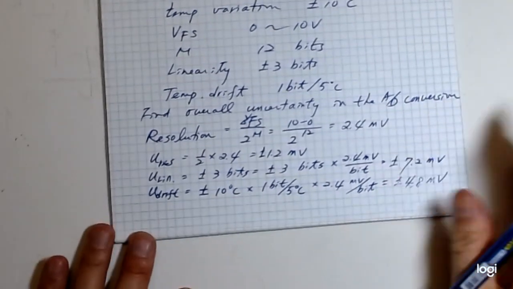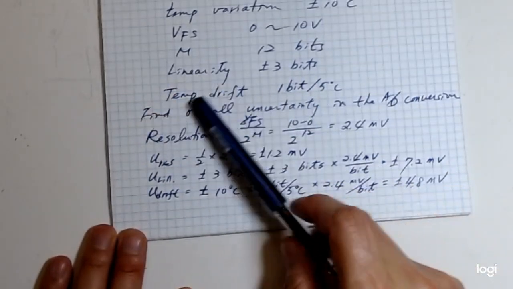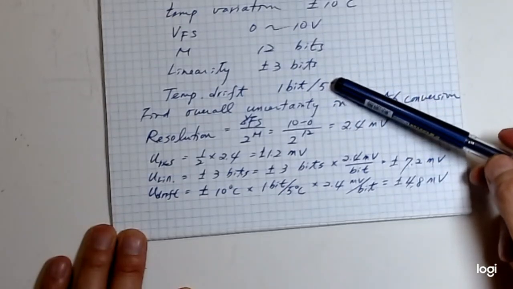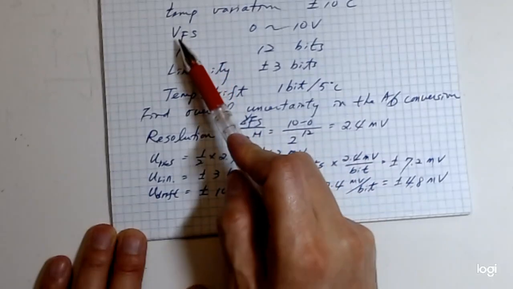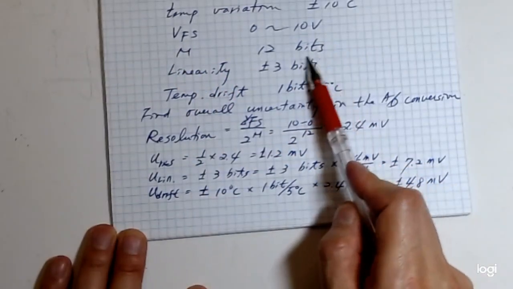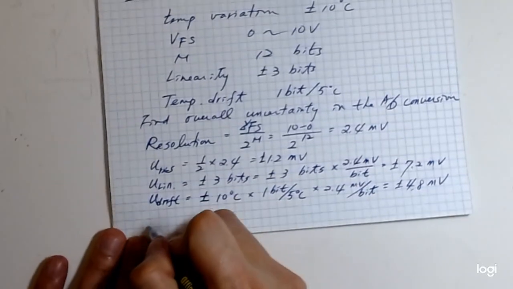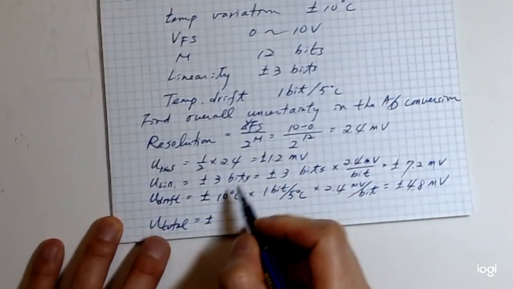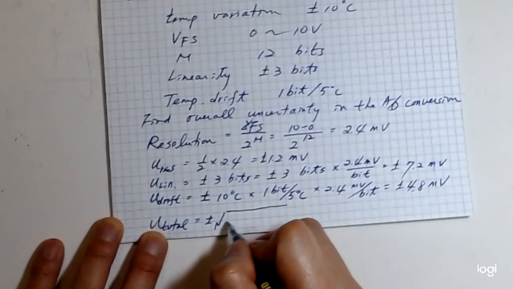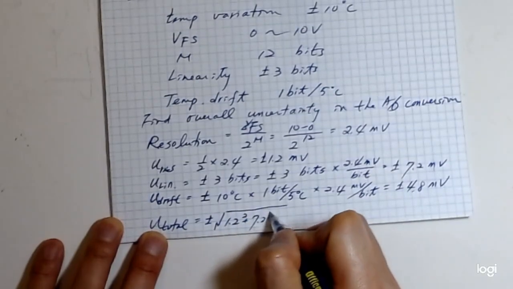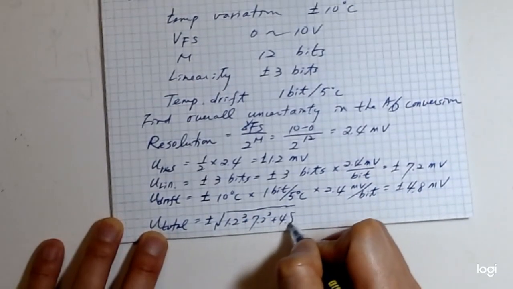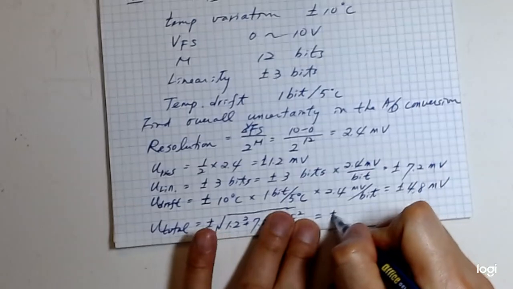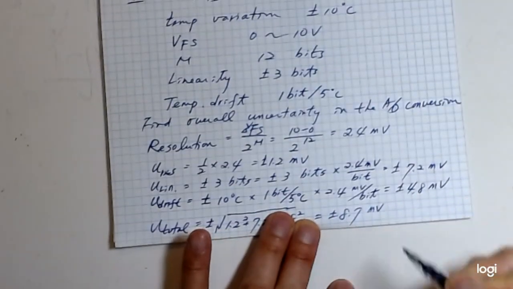So in this conversion, we have three types of error. From the manufacturer itself, you have the linearity error and the thermal drift error, and from the conversion itself, the bit, you have the resolution error. So total, again root sum square: plus minus the square root of 1.2 squared plus 7.2 squared plus 4.8 squared, root sum square one more time, gives 8.7 millivolt.